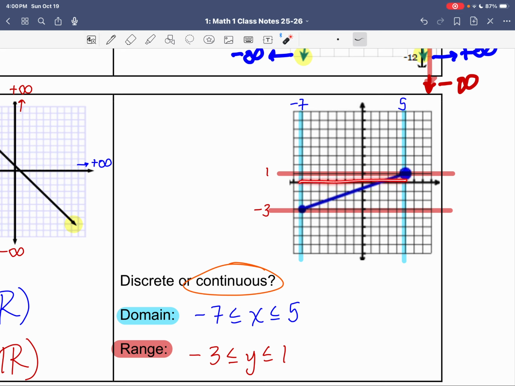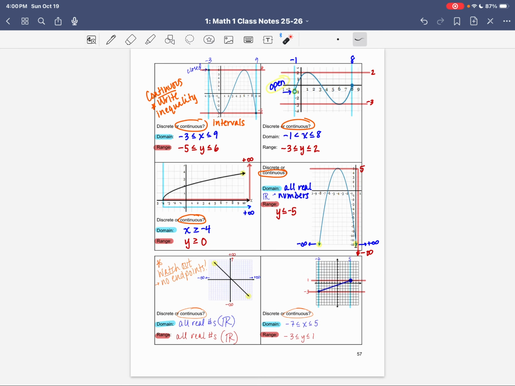So from -7 to 5 is going to be your domain. And then the range is going to be from -3 to +1. And that's how you would write that there. And since they're both closed, you would put it in that notation.